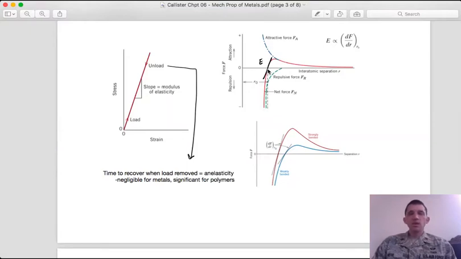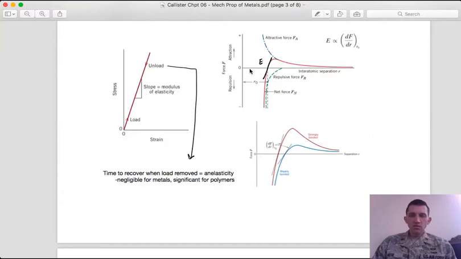So if I then come in and apply a macroscopic force that gets distributed amongst all of the atoms, what I'm doing is I'm elongating each atomic bond slightly. And so the strength of these attractive forces is going to be reflected in the slope of this curve here, which is analogous to the Young's modulus.